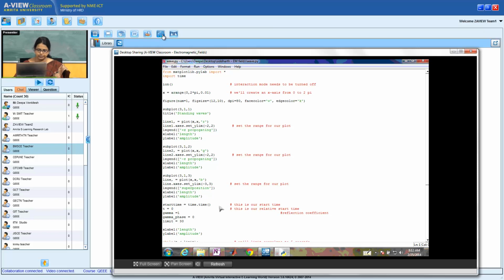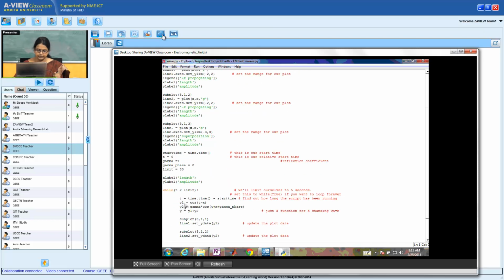You have a Y1 and a Y2, where Y1 is the amplitude of the voltage in the forward direction, and Y2 is the amplitude in the reverse direction. It's getting multiplied by a gamma, which is the reflection coefficient. In this case, I reckon it as 1. The phase of the gamma is 0, which means you can play around with it.